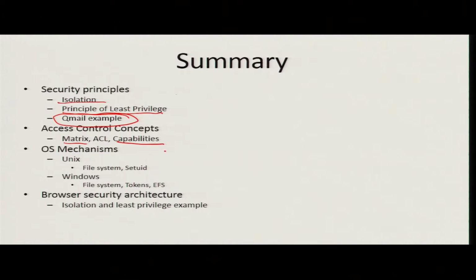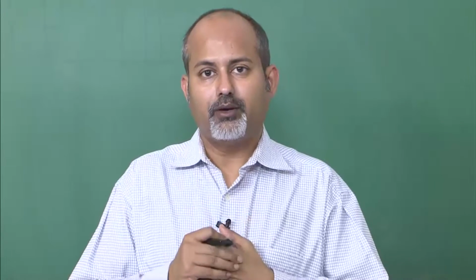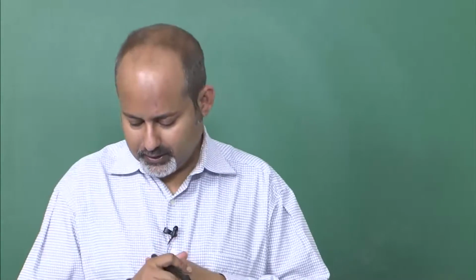OS mechanisms use various techniques for isolation. For example, in Unix, setuid is one way of maintaining privilege, escalating or de-escalating privilege, and so on. In Windows, it's a more token-based system. And then in the latest one, we talked about browser security architecture, but in the next lecture we will go more into web security, and then we will see some more of it.